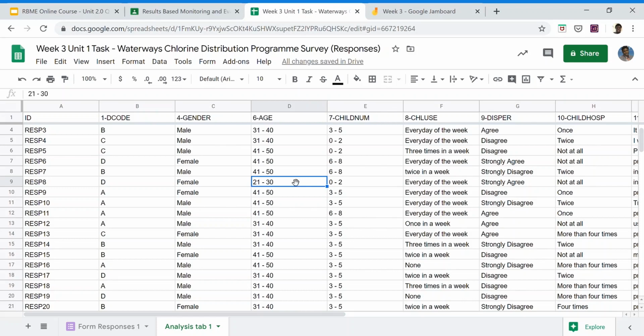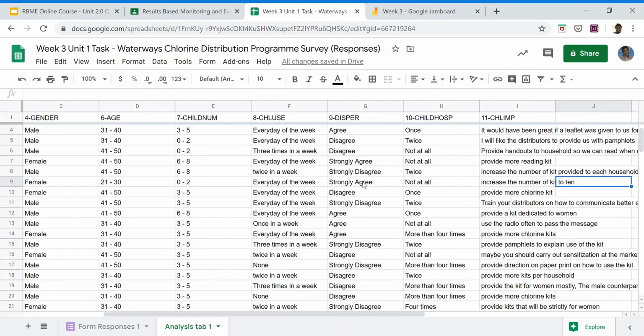So that makes it interesting for me anyway. And also its built-in presentation is marvelous. We will try and use it in presenting our analysis, which is what you're supposed to upload as a task for this particular unit.